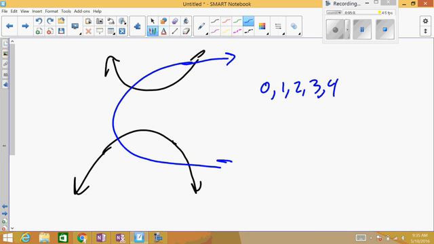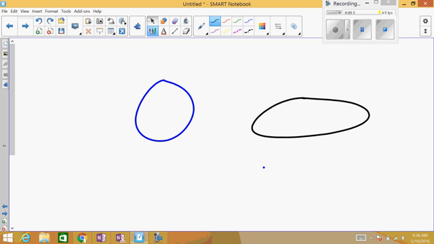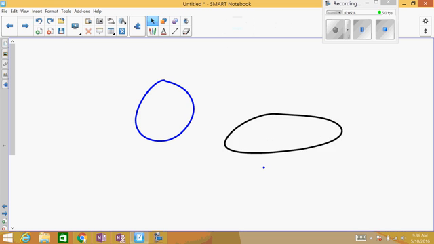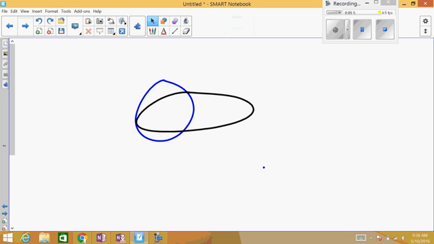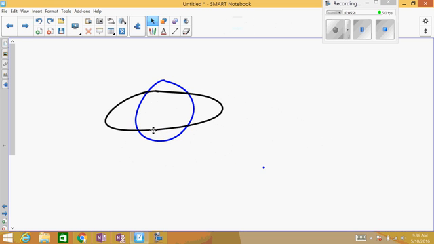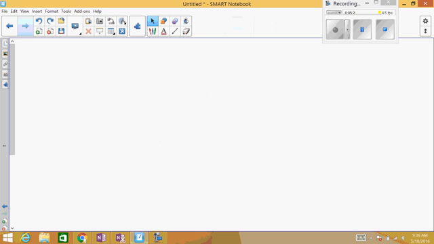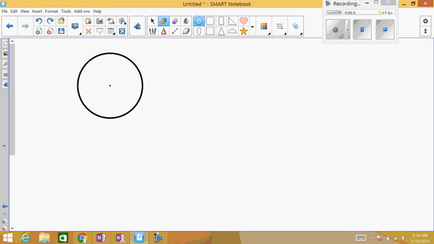You can imagine with a circle and an ellipse, we're probably going to be able to have, and let's go with an ellipse, 0, 1, 2, 3, or 4. Two circles are a little different though. There's one circle, there's two circles.